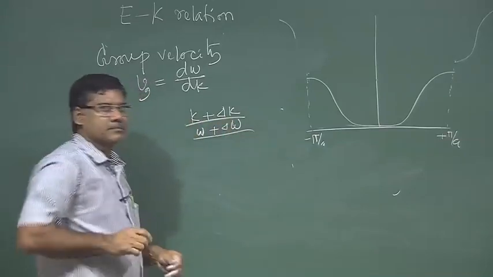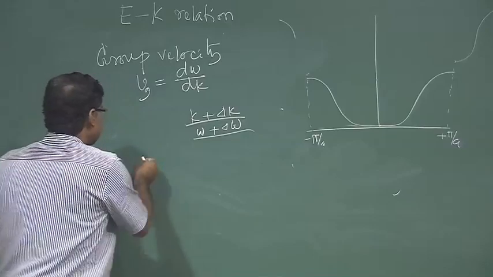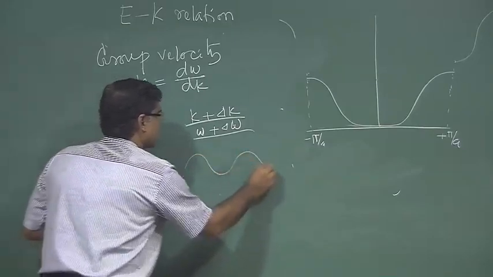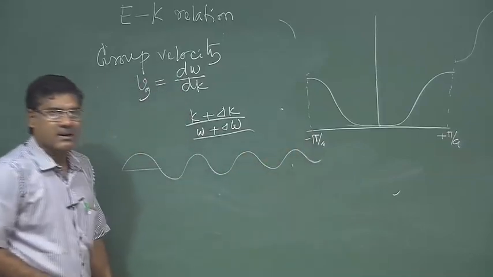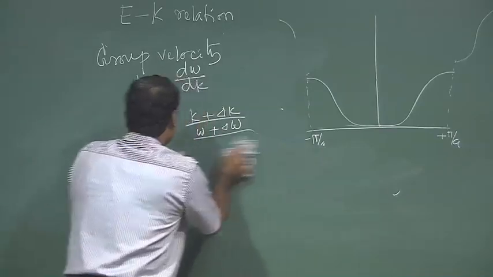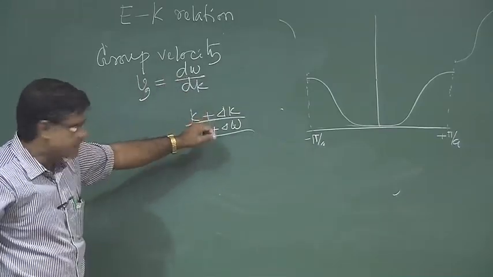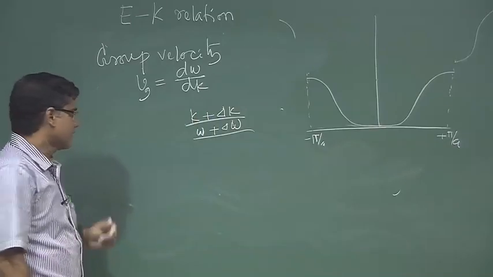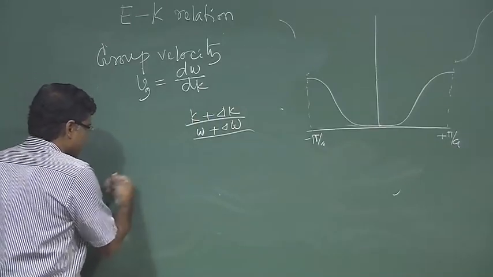Then you will not get a simple plane wave. When there is dispersion, there is a range of omega and k.